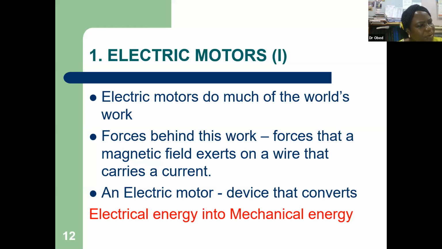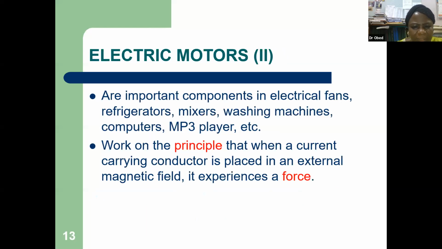We looked at all this last week. Motors usually generate induced EMFs at the same time. We said that electric motors are important components in electric fans and the like, and we looked at the working principle.